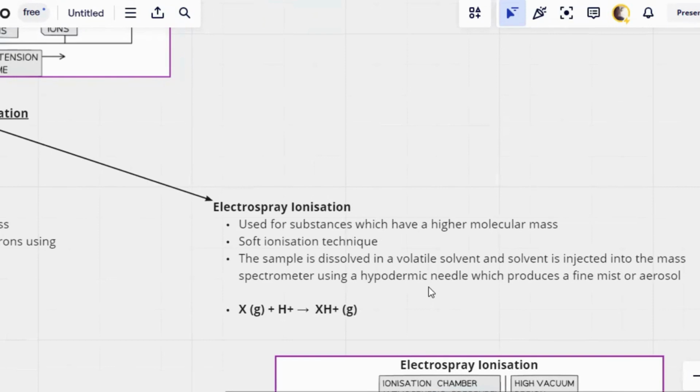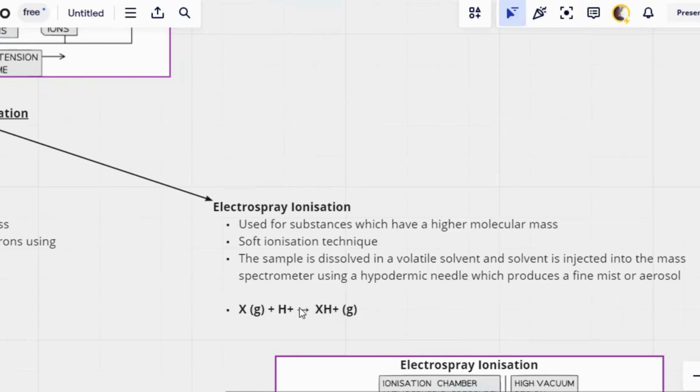As the sample is injected, the particles are ionized by gaining a proton from the solvent. So the particle X gains a proton and becomes XH+.